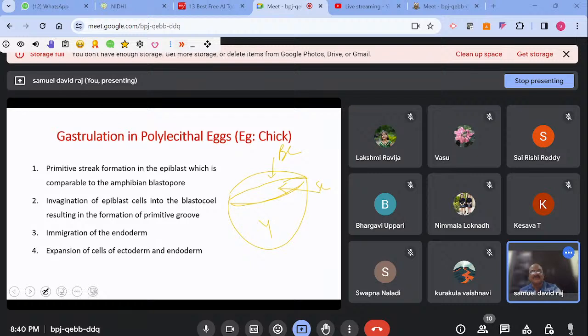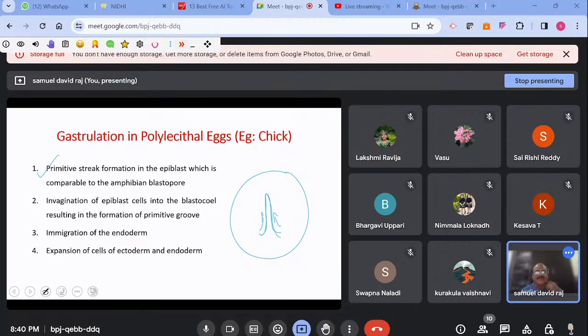And now the epiblast region is distinguished into different regions. So when we see the epiblast surface view, scientists say that there appears a movement of cells in the epiblast, which shows a structure like this, where the cells move from the center of the epiblast towards one end, and this is called by scientists the primitive streak.